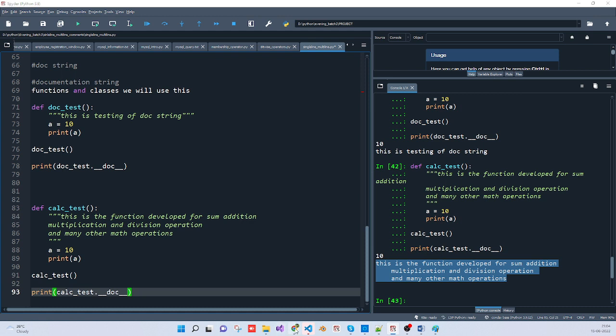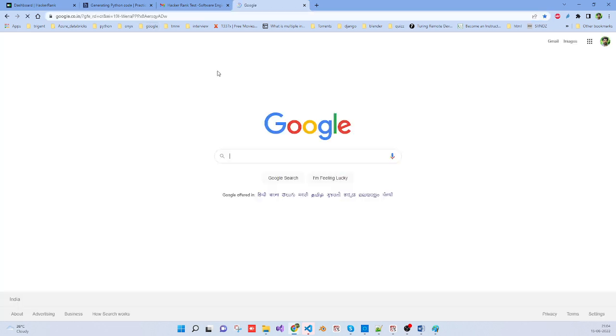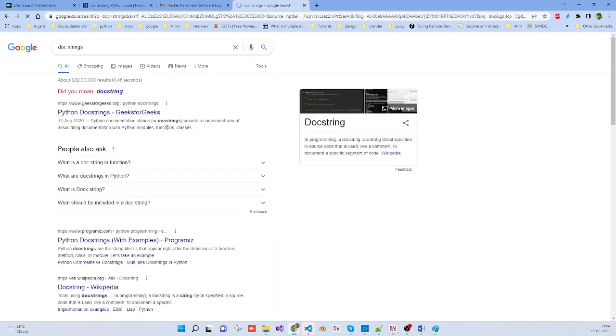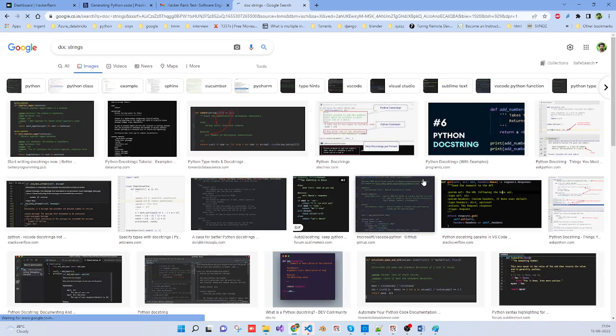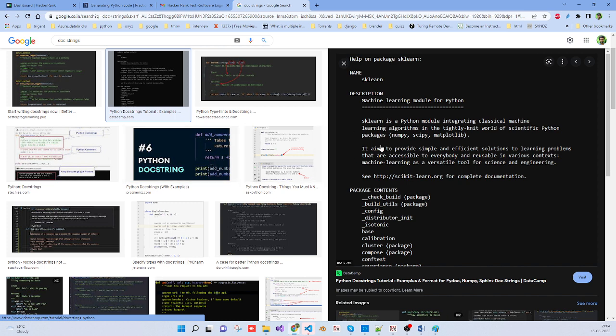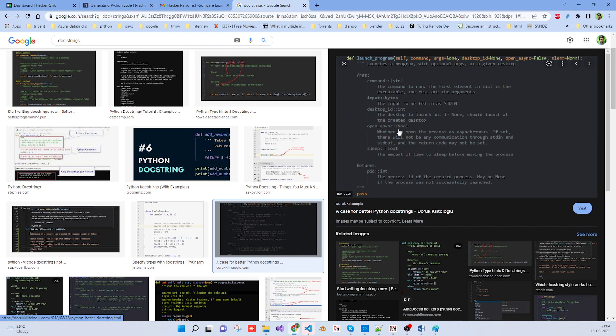I will show you a few docstrings. Docstring images. Is it visible? Okay, see this one, this much big. The function name is launch program.